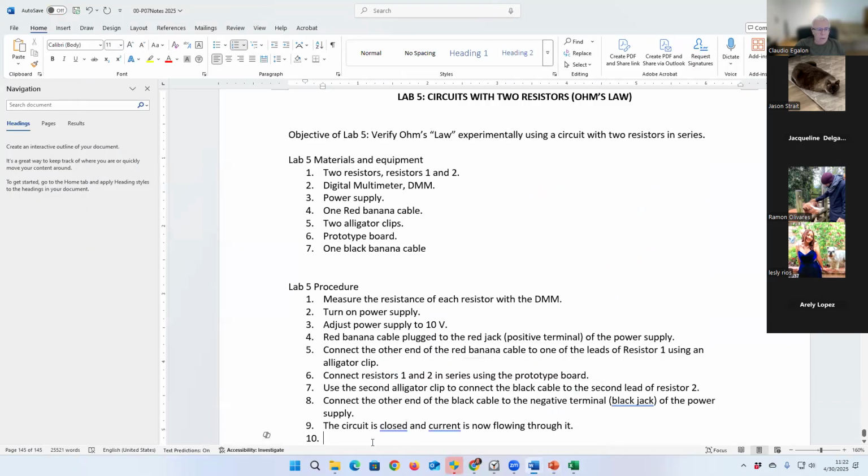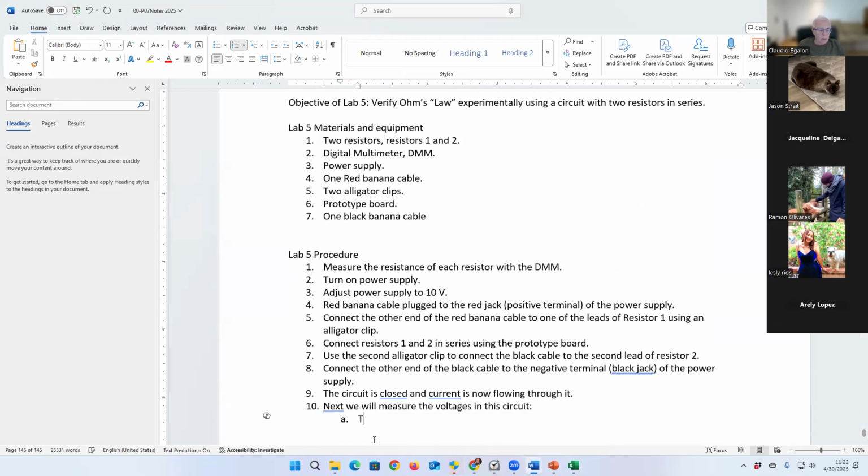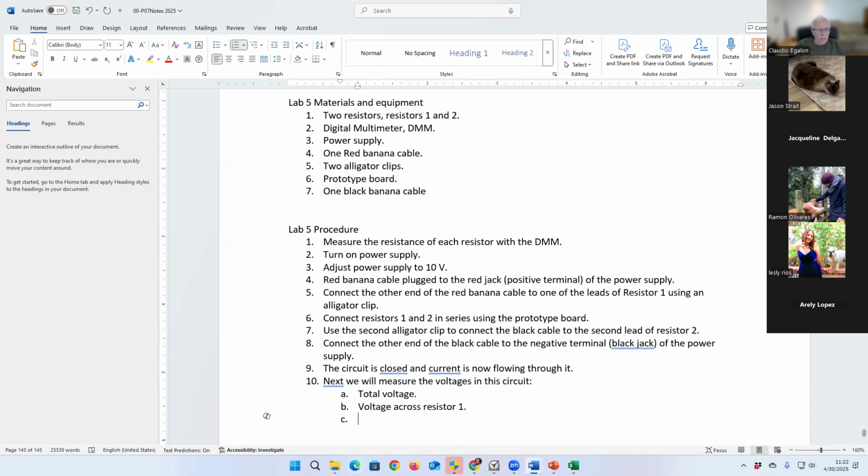Next, we will measure the voltages in this circuit. The first voltage is going to be the total voltage. Measure the total voltage, voltage across resistor 1, voltage across resistor 2.